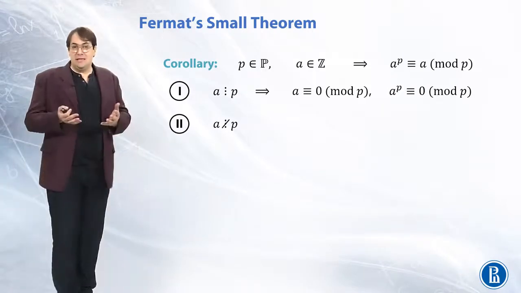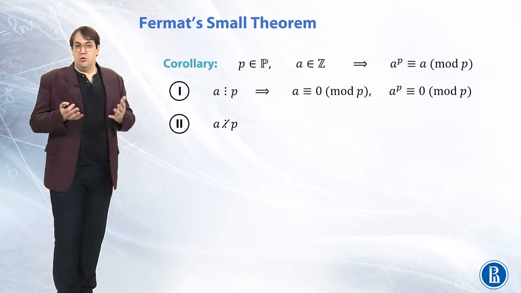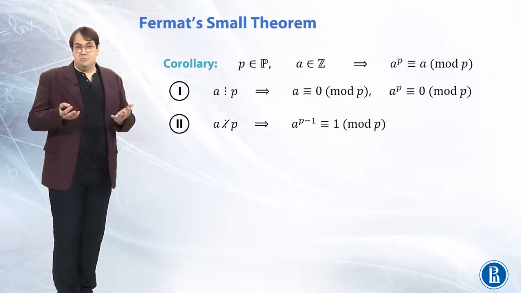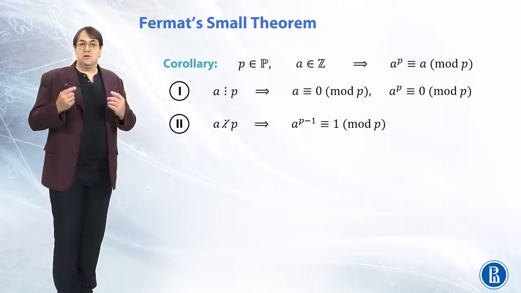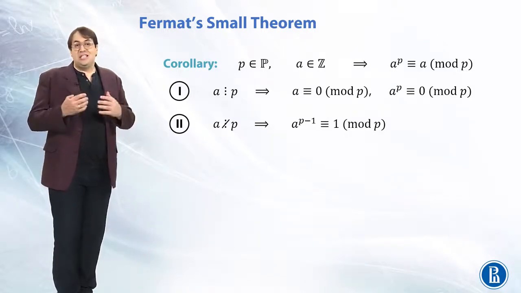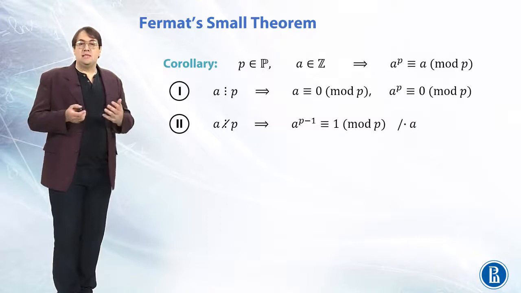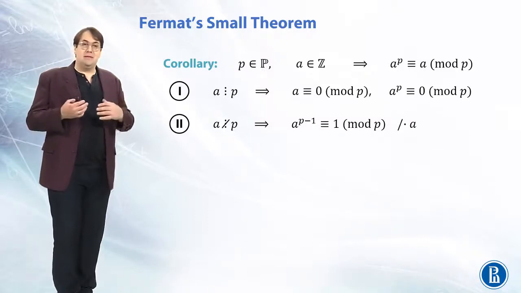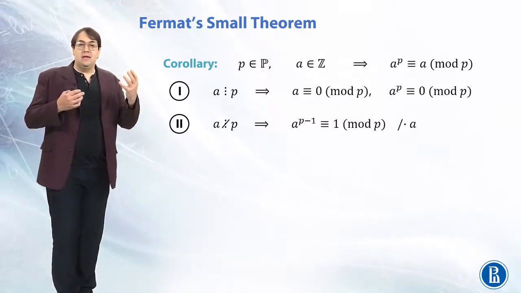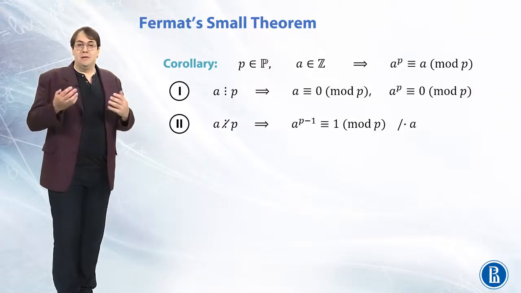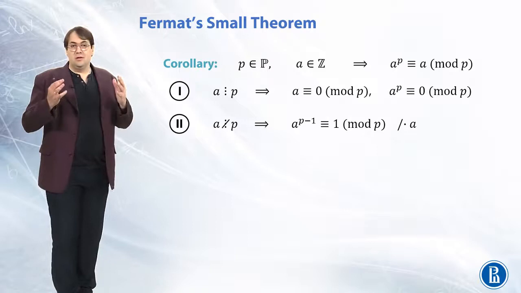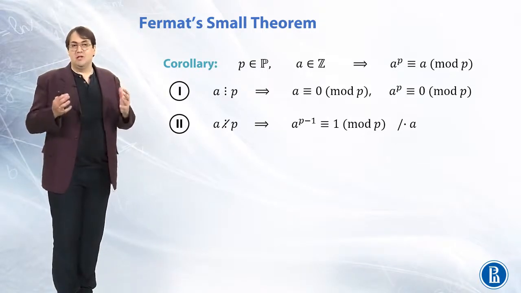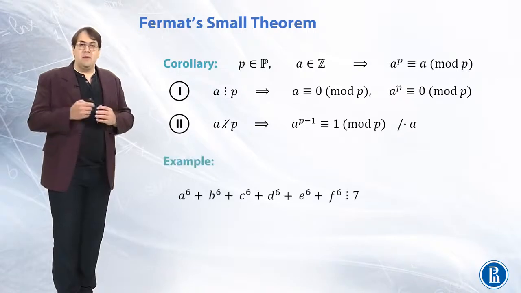Well, in this case, we can apply Fermat's small theorem and say that a to the power p minus 1 is congruent to 1, and then just multiply this congruence by a to gain that a to the power of p is congruent to a modulo p. So this really works for all integers a and prime number p.